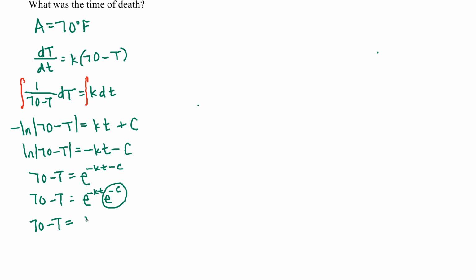We'll just call it a new constant C times e to the negative Kt. Let's go ahead and isolate T. We'd end up with T equals 70 minus C e to the negative Kt. And don't forget, capital T is a function of little t.